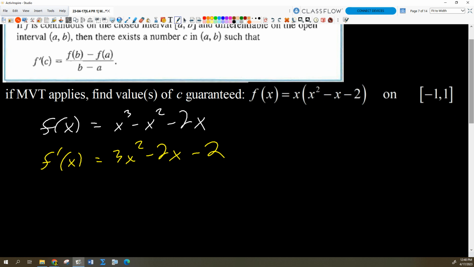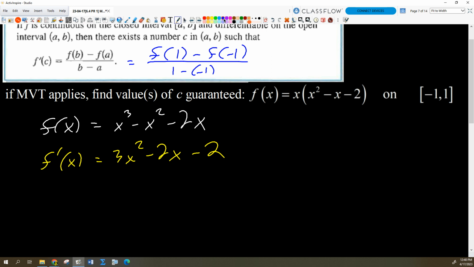We morphed the slope of a secant line into the slope of a tangent line by forcing those points to overlap. So we can calculate this. In our situation, A is -1 and B is 1, so our average rate of change is just f of 1 minus f of -1 over 1 minus -1. We'll go back to our function f of x.